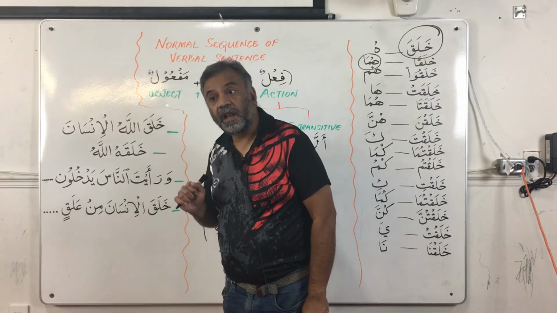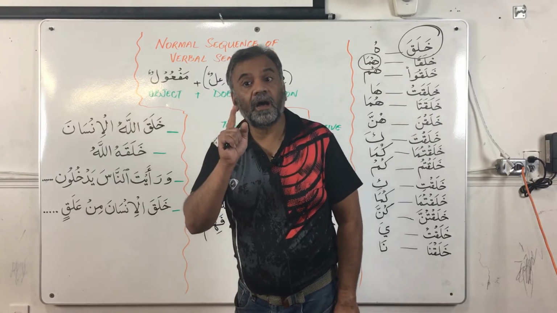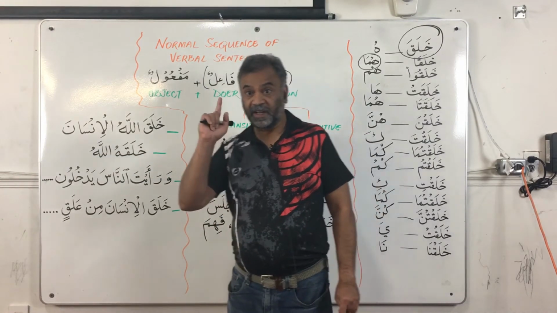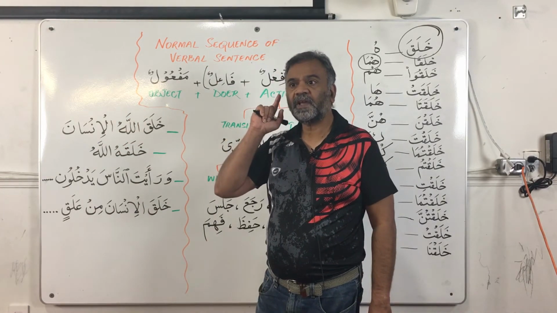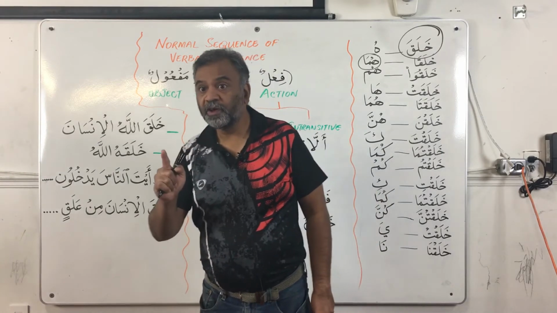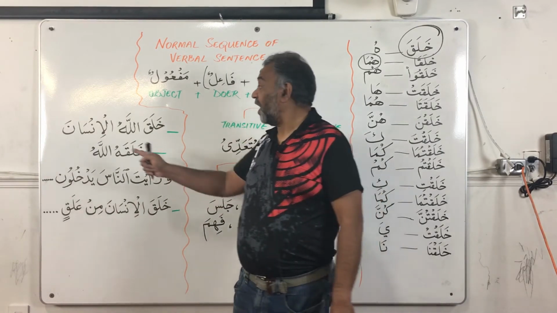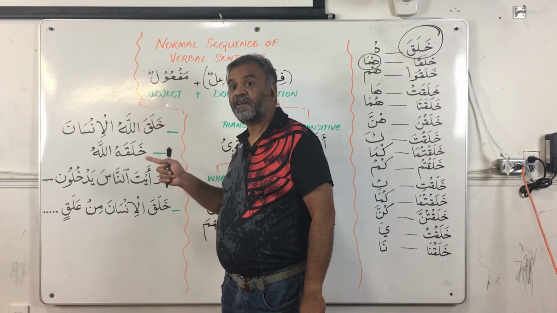Where is the fa'il? No, Allahu. Remember, in a verbal sentence, whenever there is a noun which is marfu', we immediately identify it as the fa'il. So Allah created. Now in this case it's not mustatir.